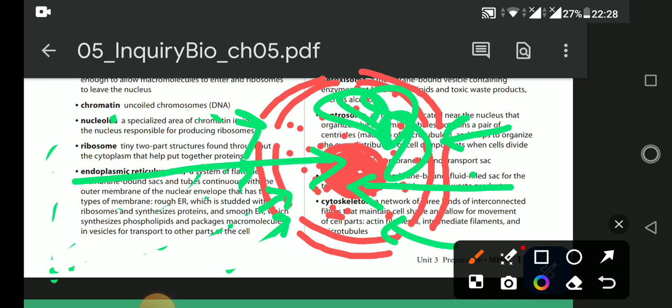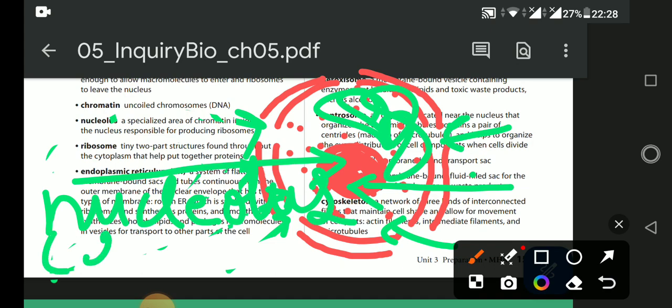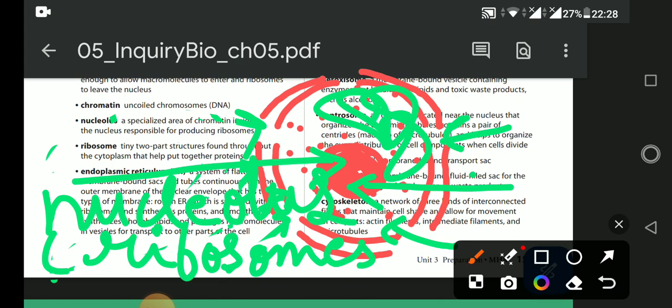This central, dark colored body is the nucleolus. And the main function of the nucleolus is the formation of ribosomes.